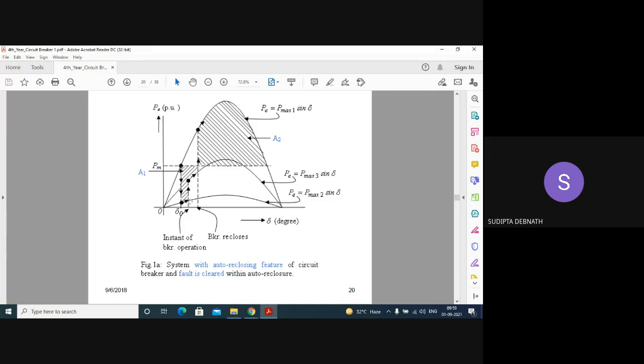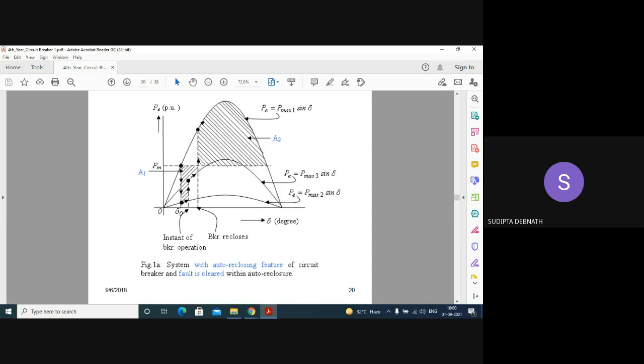Okay, that means the second line is disconnected. So as soon as the fault is cleared, the power will increase to this point. So it will follow this curve. Okay. So when at this point the fault is cleared and the breaker recloses, both the lines are again in operation.